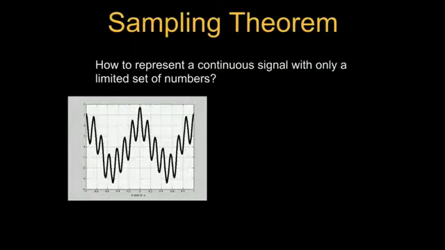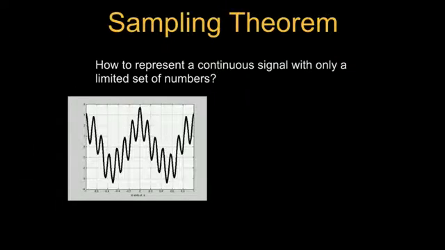Now going back to the signal we had, it's continuously varying. If we want to represent it, it means at every time point and every possible number between this range. You can imagine that's infinite and hard to deal with. The question is how to represent a continuous signal with only a limited set of numbers, limited in both time points as well as values.